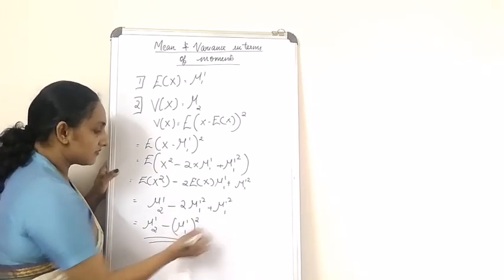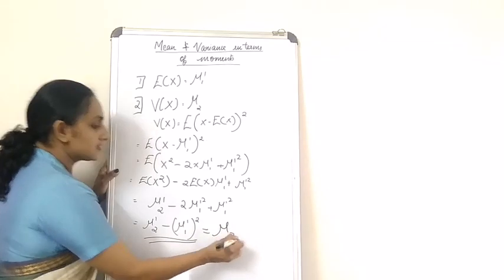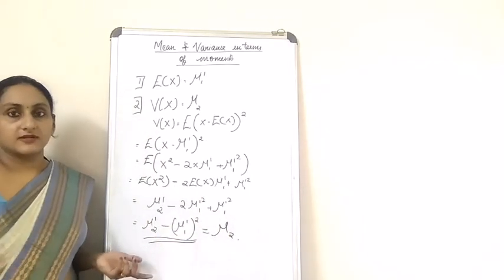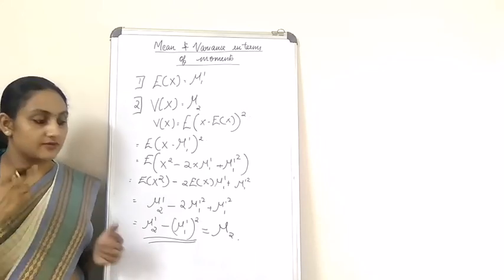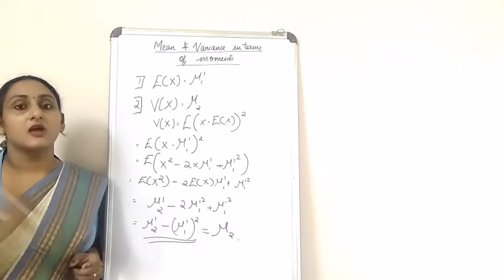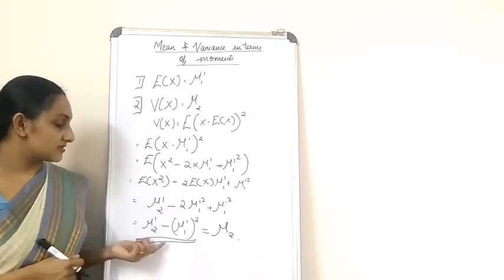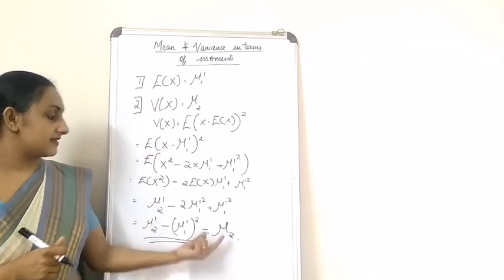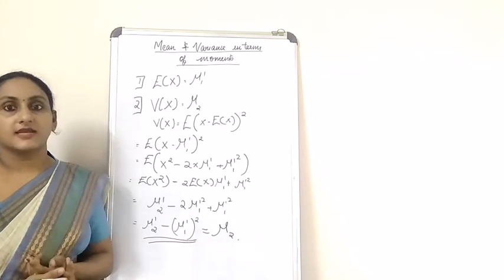And this is nothing but your second central moment, which we have derived when we were finding the relationship between raw moments and central moments. So this result was there. That is how I arrived at the variance of x being our second central moment.